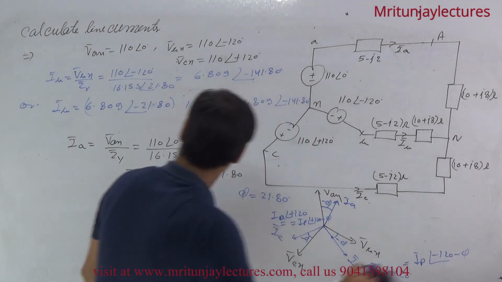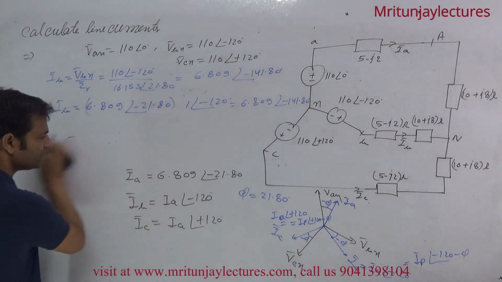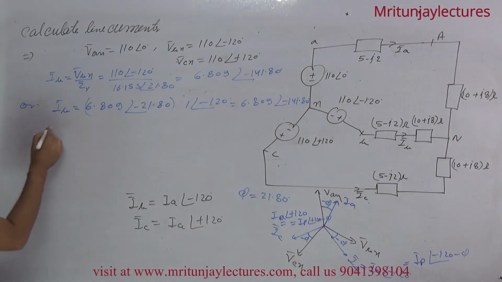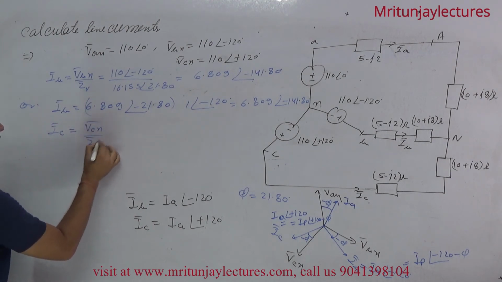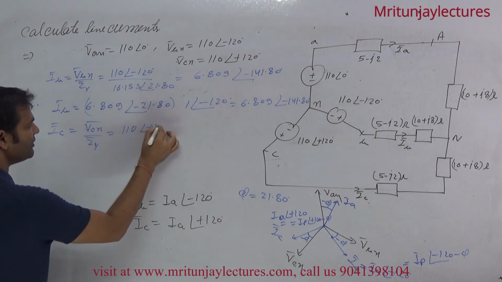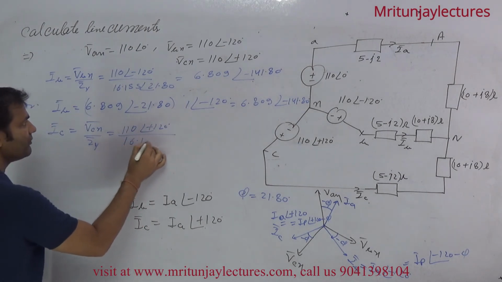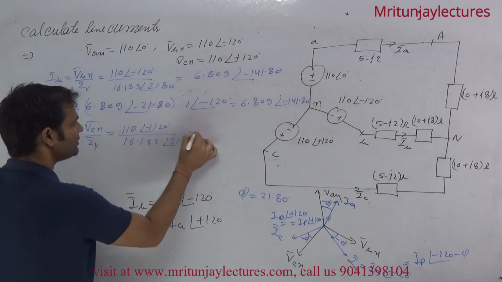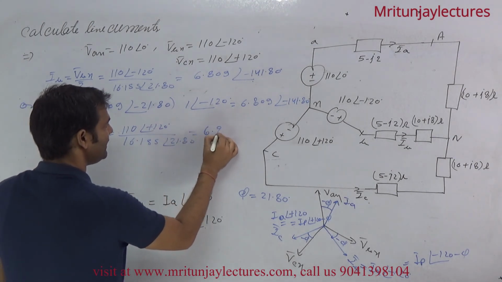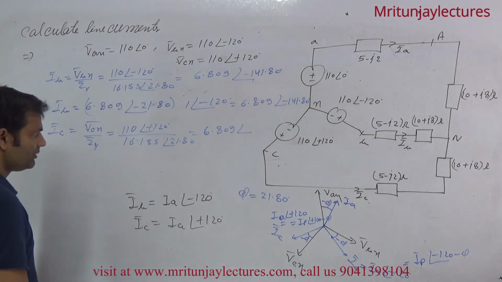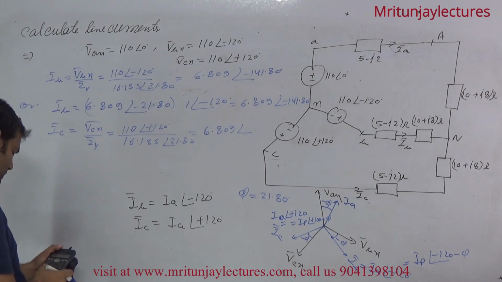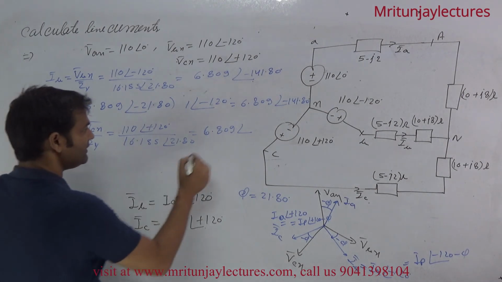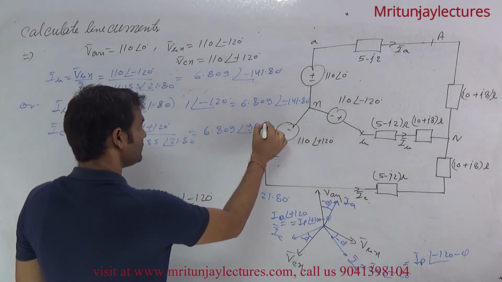Okay, another way. What about IC? IC is also determined with the help of the formula VCN divided by Z, that is 110 at the angle plus 120 divided by 16.155 at the angle 21.80. This is also written as 6.809 at the angle 120 minus 21.80, that is 98.2.